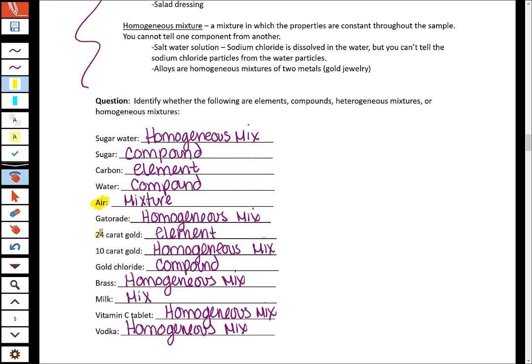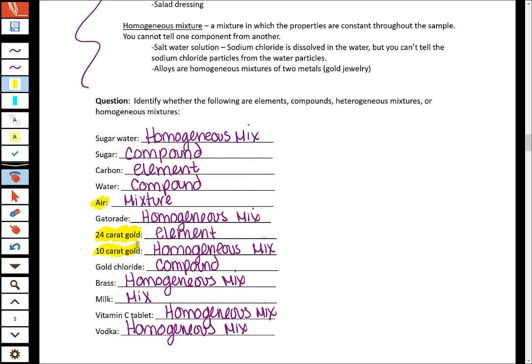Another one that students stumble with is gold, because you're unaware of the carat system. So in the carat system, 24 karat gold is pure gold. So that would make 24 karat gold an element. So knowing that 24 karat gold is pure gold, then maybe we can deduce that 10 karat gold is a homogeneous mixture.